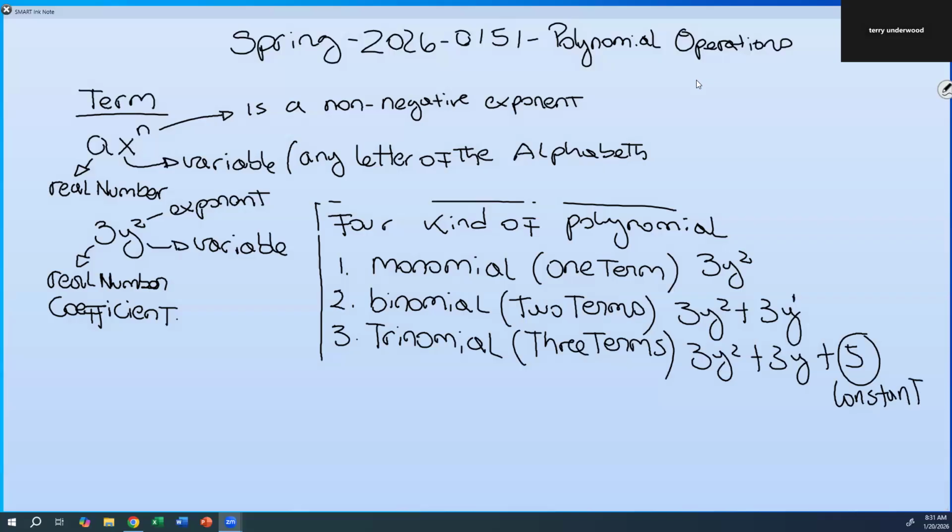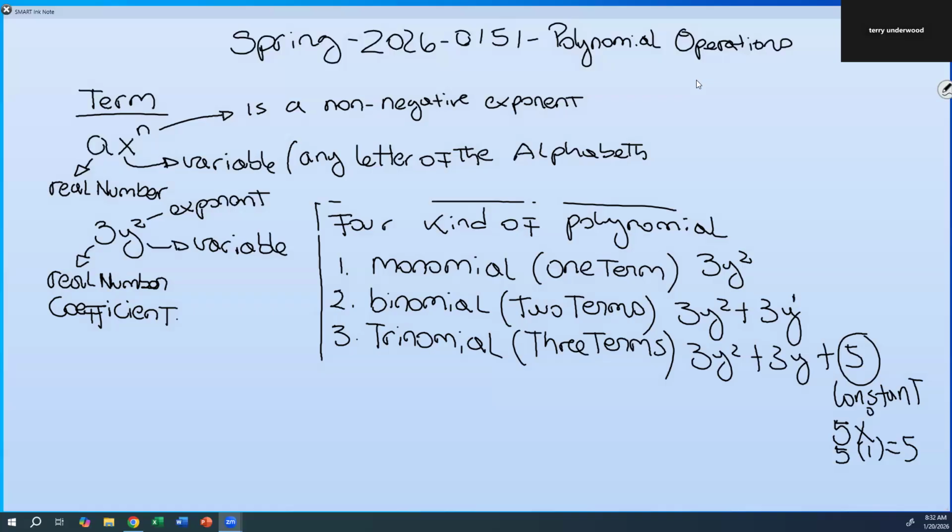And we will use this name a lot when we are doing factorization. Another way to write this is 5x to the 0 power. But you know that any x represents a number, and you write any number to the 0 power as 1. So that would be like 5 times 1, that is equal to 5.